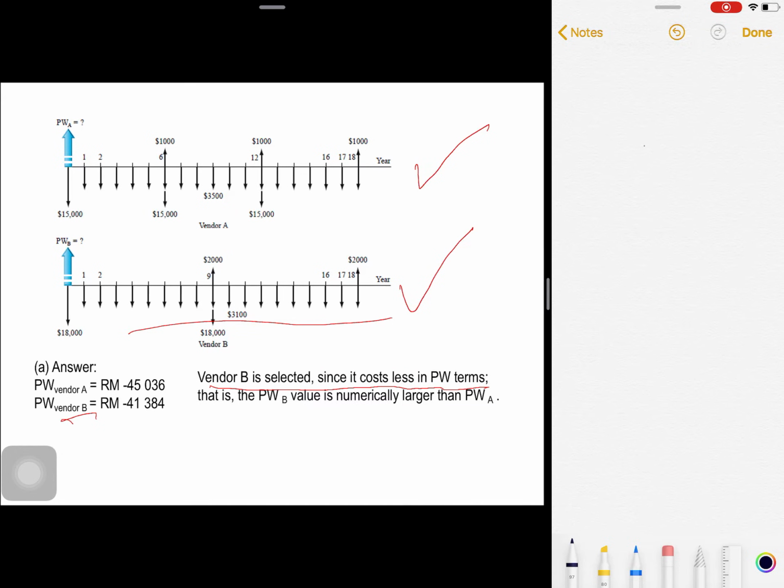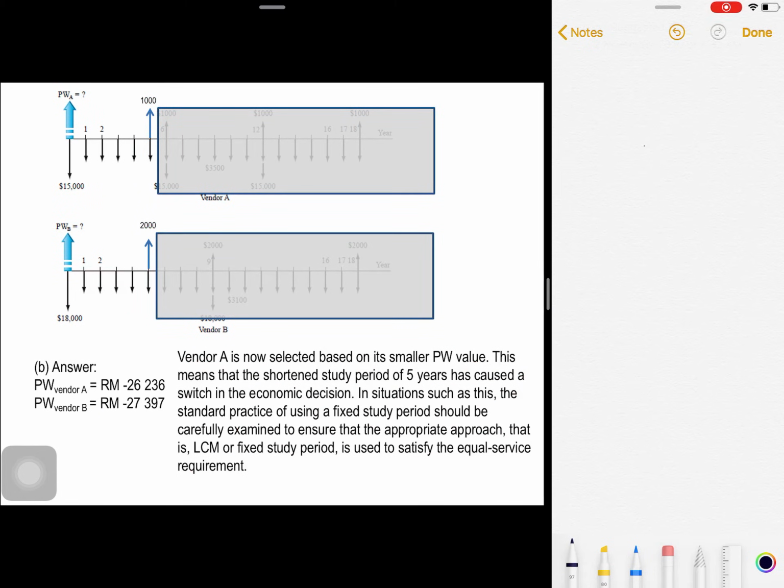Thus vendor B is selected since it costs less in PW terms. That is, the PWB value is numerically larger than PWA. Further explanation: vendor A is now selected based on the smaller PW value.